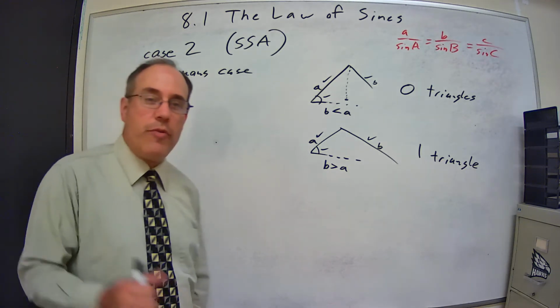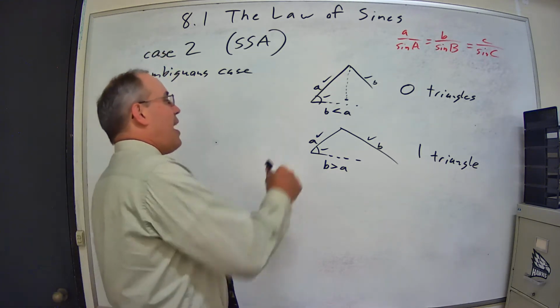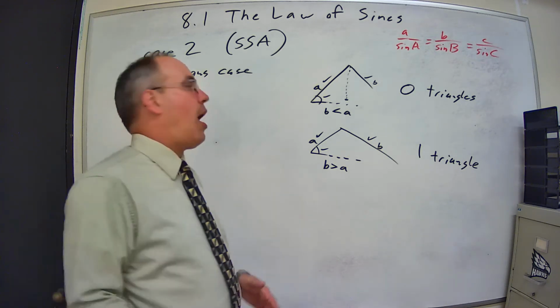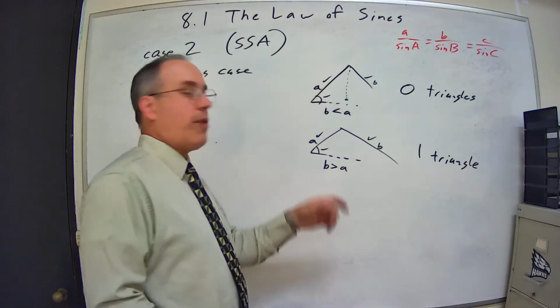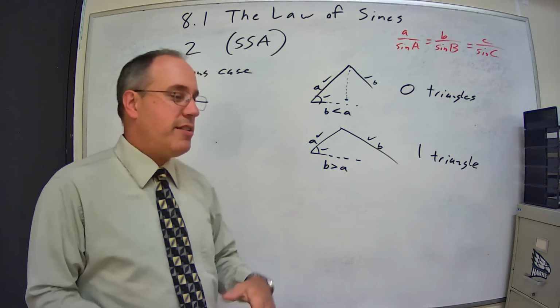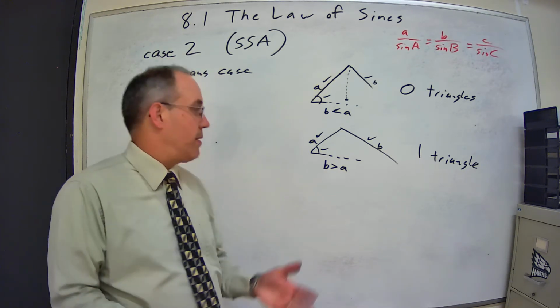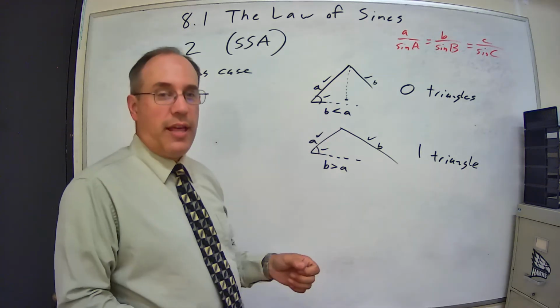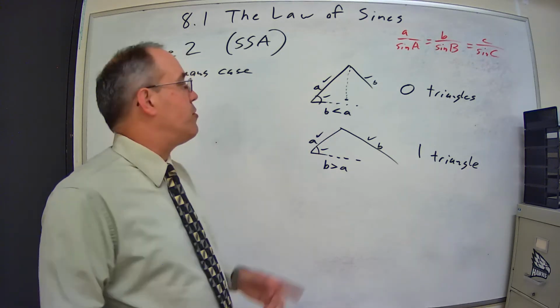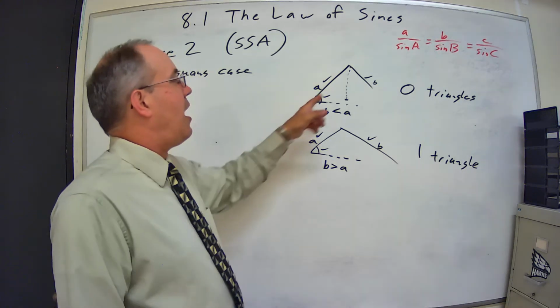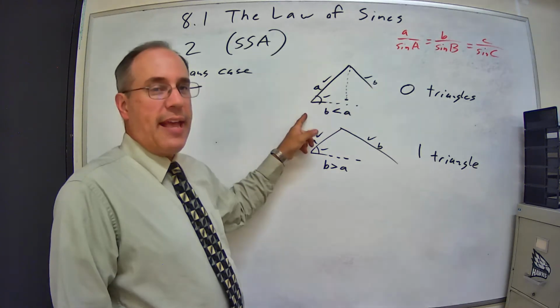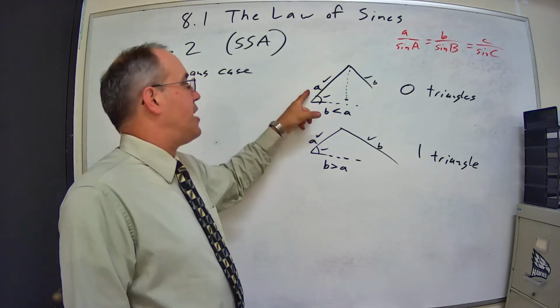Now please let me remind you, do not get set on B less than A or B greater than A, because depending on which angles or sides you are given, those may not be the letters involved. Just remember, we're looking at the side opposite the angle given and the side adjacent to the angle given.